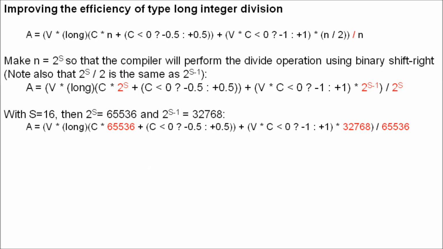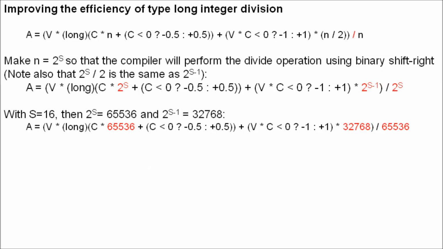But there is an exception to this speed penalty, and that is when the divisor is a literal constant with a value equal to a power of 2. This is because the compiler performs the divide operation using a binary shift right operation, which is very fast.